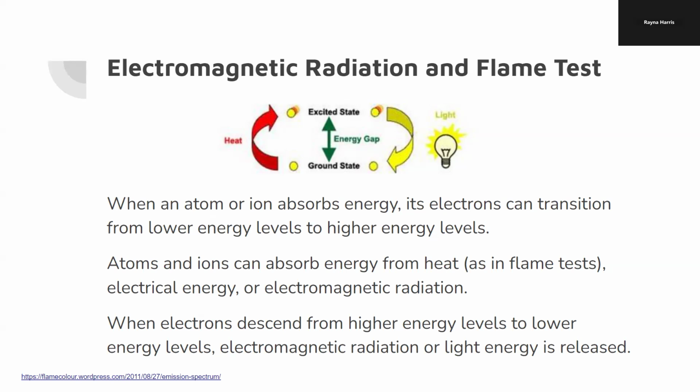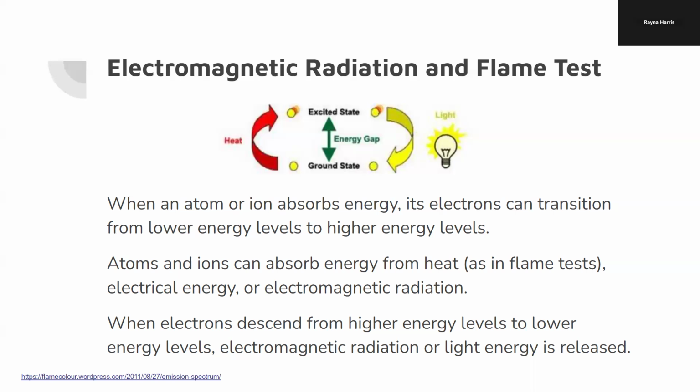This is a higher energy, and this is a lower energy. If you give it heat, it can jump to a higher level because it needs energy to get there. They can absorb heat from a flame, or from electrical energy or other sources of energy, like chemical reactions, but energy is needed to make this transition.